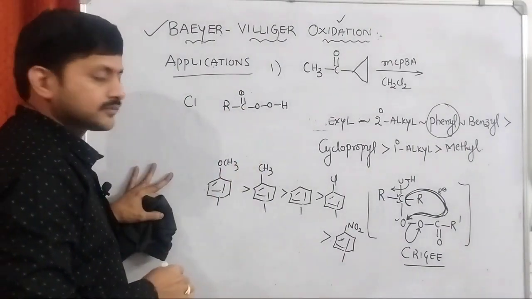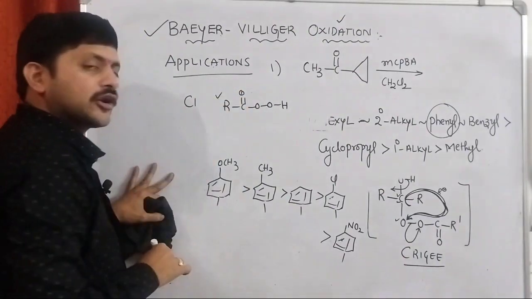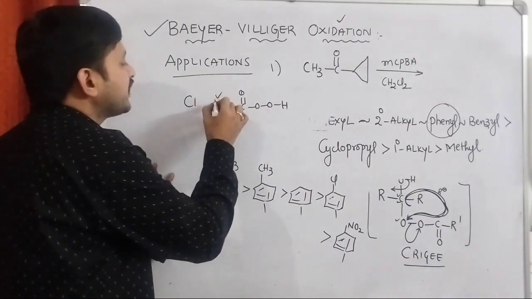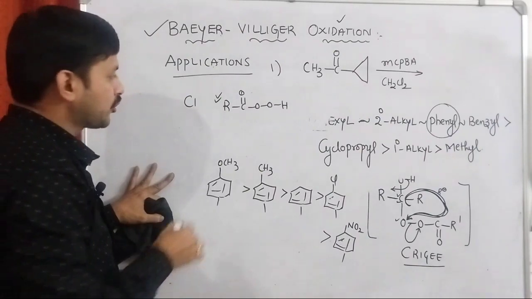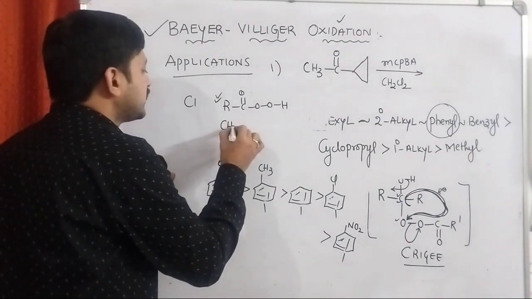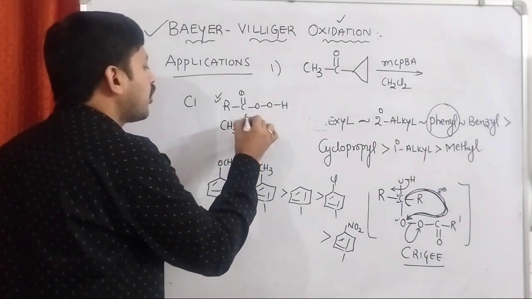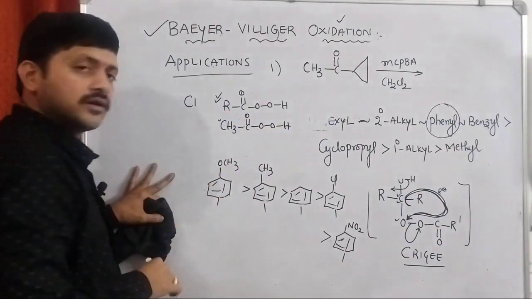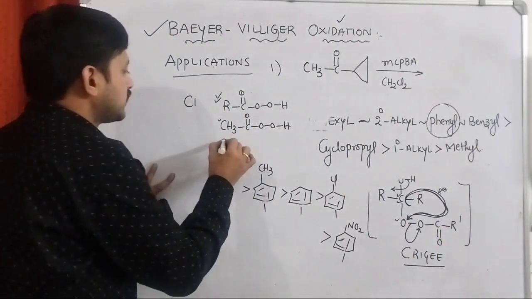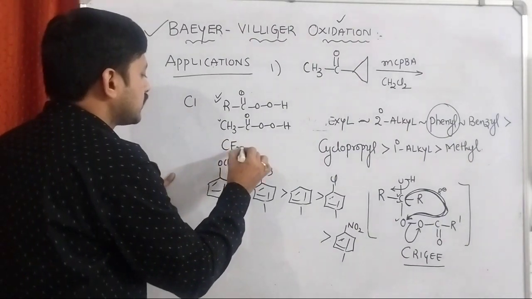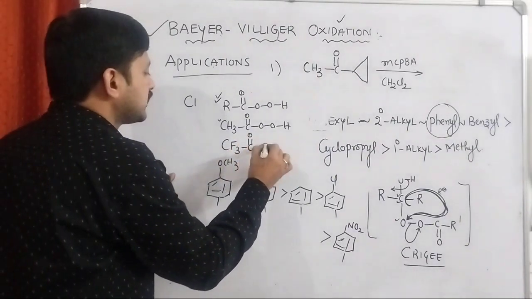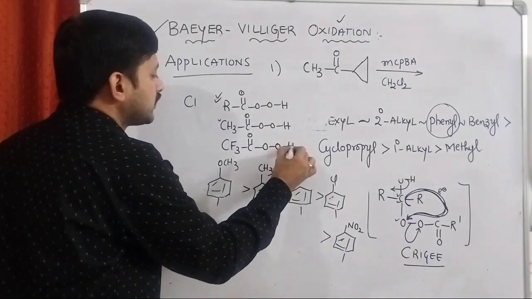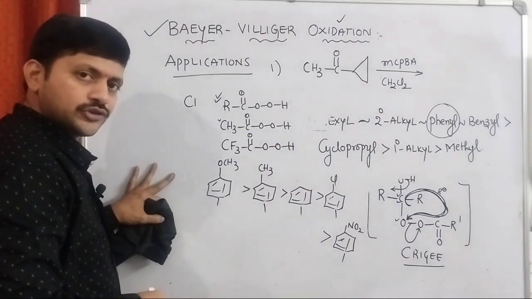This R may be an electron releasing group or an electron withdrawing group. Suppose you take CH3 C double bond O OH, it is the electron releasing group. Suppose you take this kind of one, this is an electron withdrawing group.